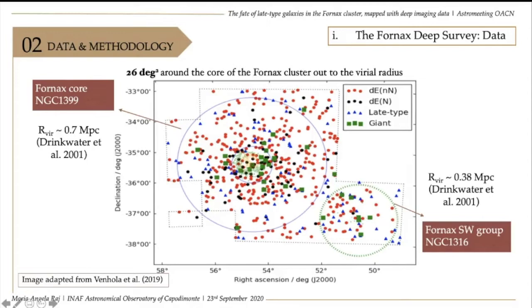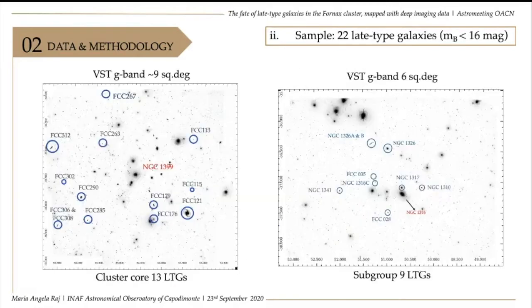Among the several giant galaxies, my thesis focused on the study of late-type galaxies, 13 of them in the core and 9 of them in the subgroup, making a total of 22 late-type galaxies brighter than 16 magnitude in the Fornax cluster.